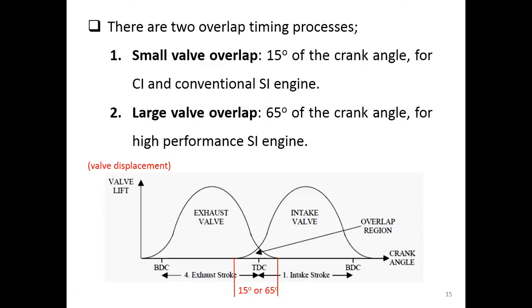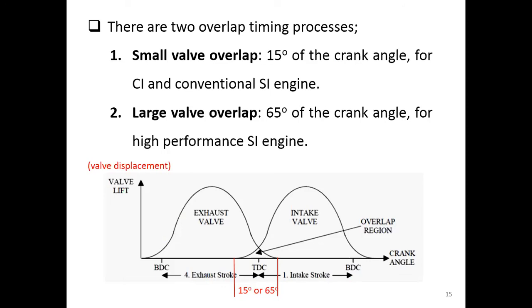One is short, one is big. How big and how short depends on what kind of engine you want it to be. If you go for a small valve overlap, let's say 15 degrees of the crank angle, this is usually for the compression ignition engine and for the conventional SI engine.